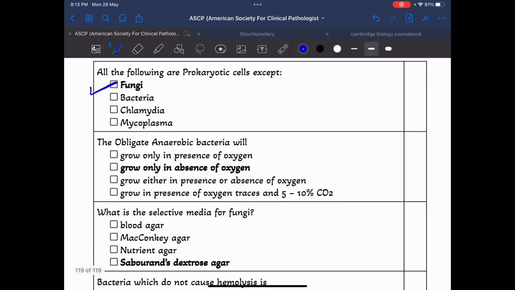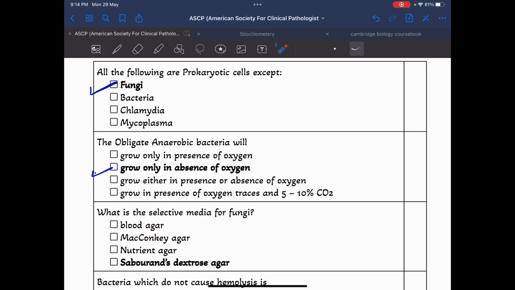The obligate anaerobe bacteria will grow only in the presence of oxygen, grow only in absence of oxygen, grow in either presence or absence of oxygen, or grow in presence of oxygen and traces of 5 to 10% carbon dioxide. Anaerobes will grow only in the absence of oxygen. So the correct answer is absence of oxygen.